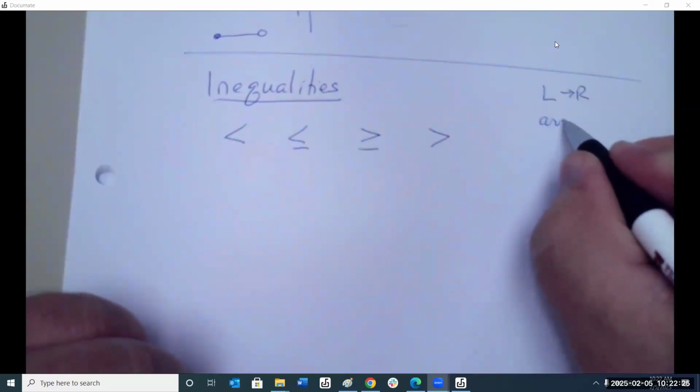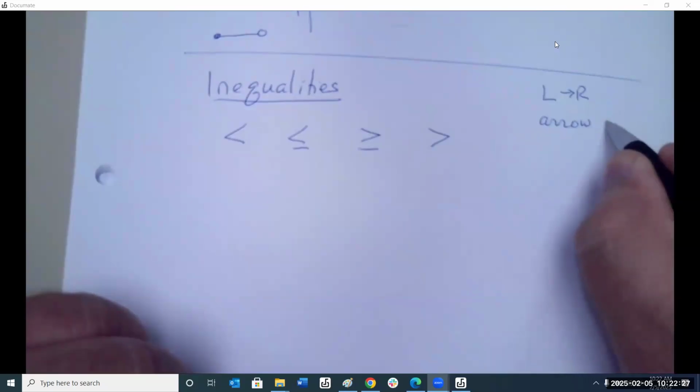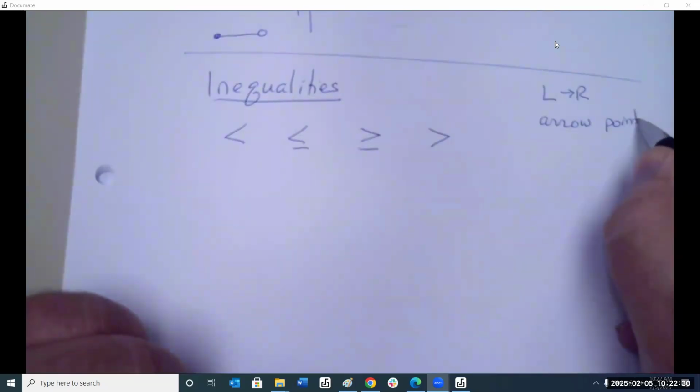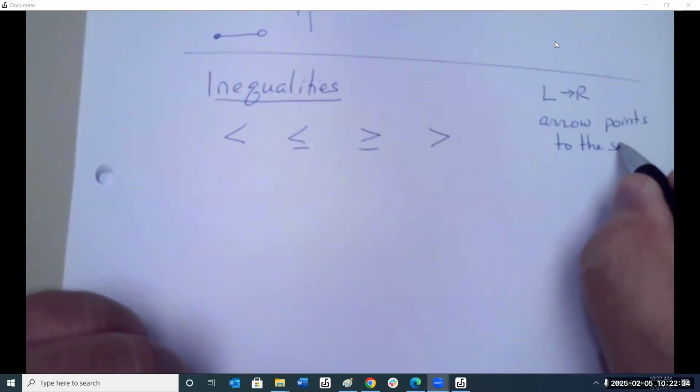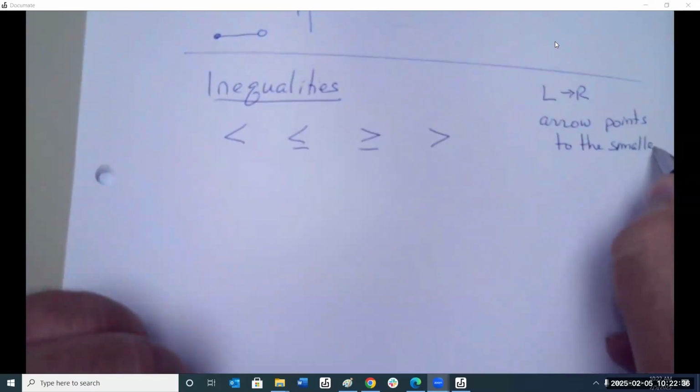And the arrow points to the smaller number.